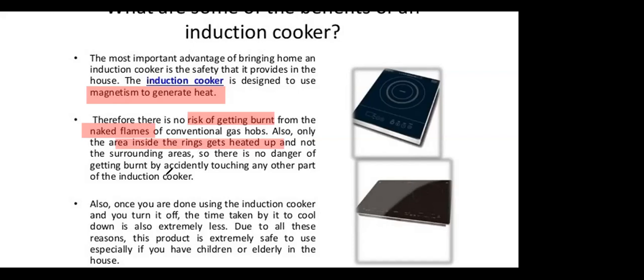So there's no danger of getting burned accidentally by touching any other part of the induction cooker. The time taken to cool down is extremely short. So it is extremely safe to use, even for children. Right. Next one.